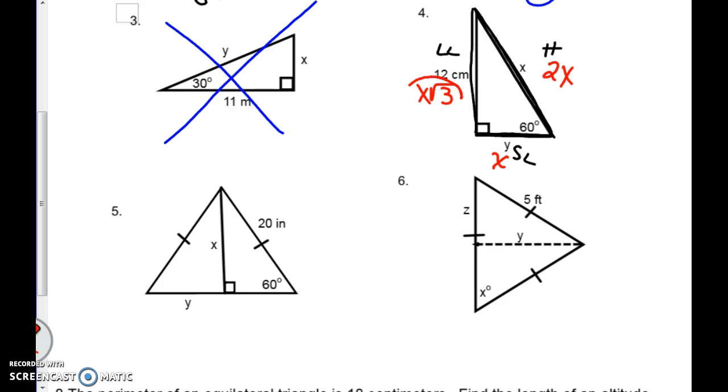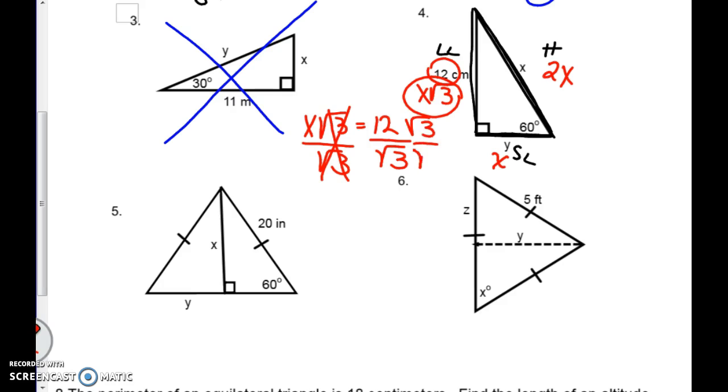So I know that the pattern is x square root of 3, and the answer is 12. So x square root of 3 is equal to 12. What would I do first? Good, we're going to divide by radical 3. Can I leave a radical on the bottom? No, so I need to multiply the top and the bottom by radical 3.